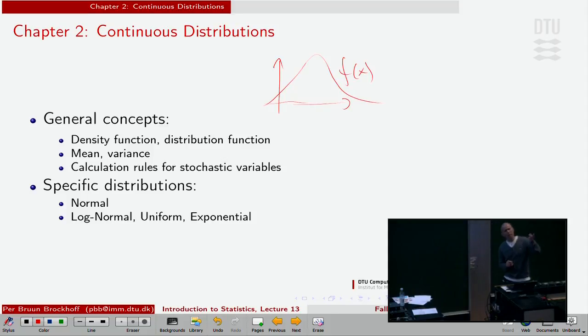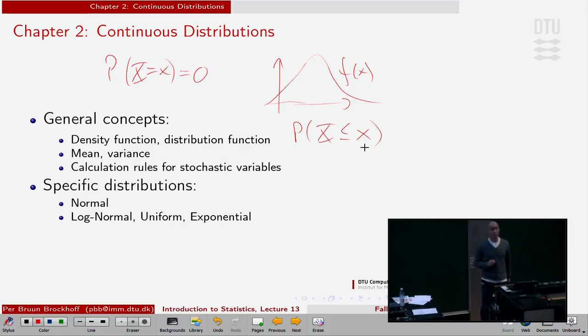This is where we have the distinction between the continuous and the discrete world, right? Because in the continuous world, the probability of individual points is 0. There is no area under one point on such a curve like this. So the definition of the distribution function by probabilities looks exactly the same and is the same. There's no difference.